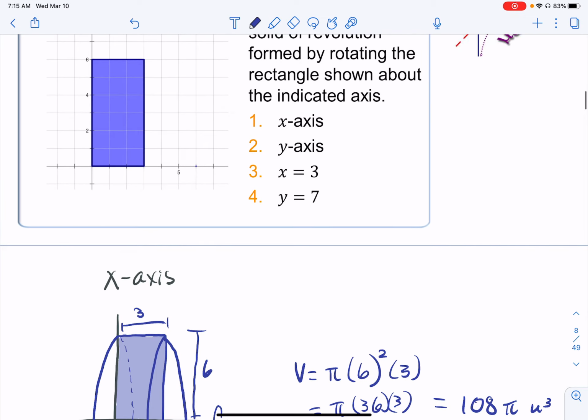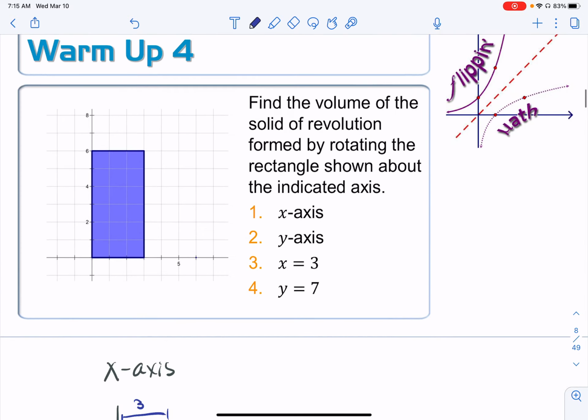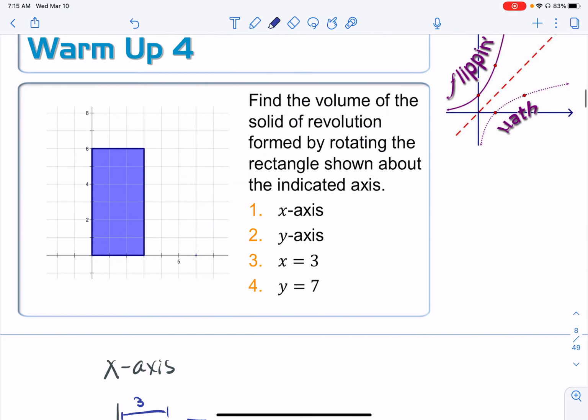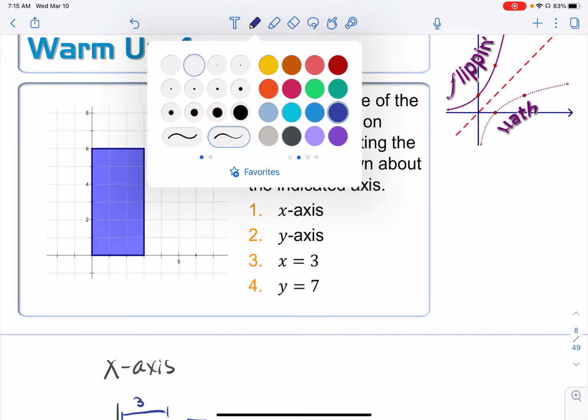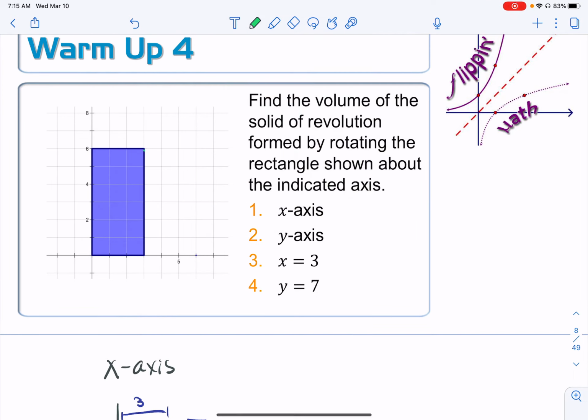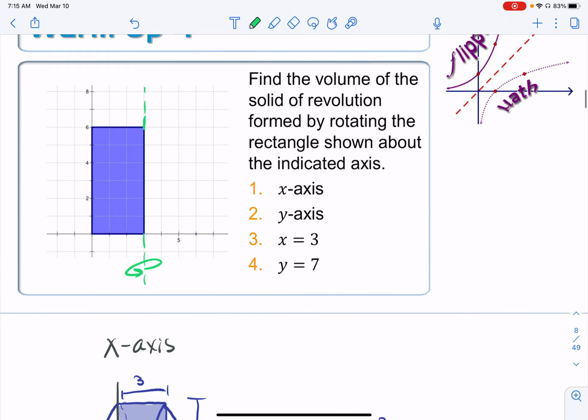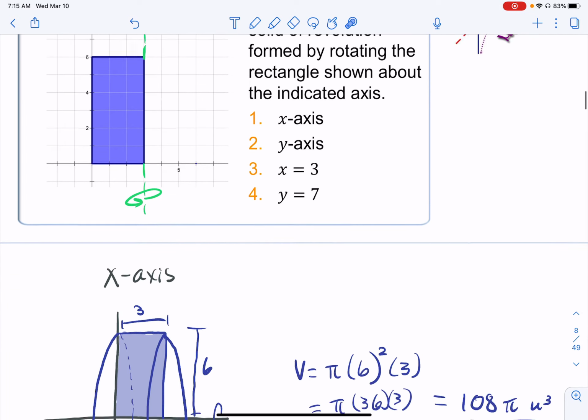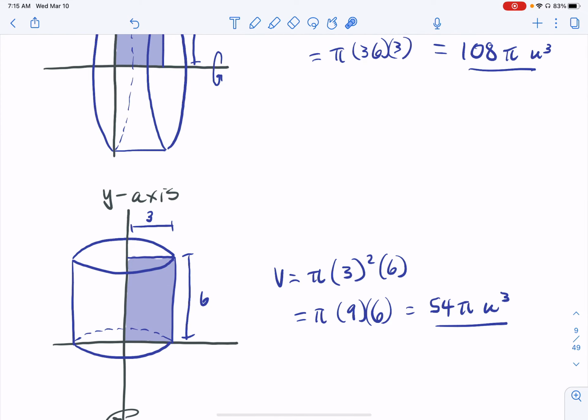We're going to do x equals 3. So I'm just going to draw this right here, in, what color would look good? Maybe green. Okay, here's x equals 3. If I revolve this around x equals 3, notice that it is essentially the same exact shape as the one around the y-axis.